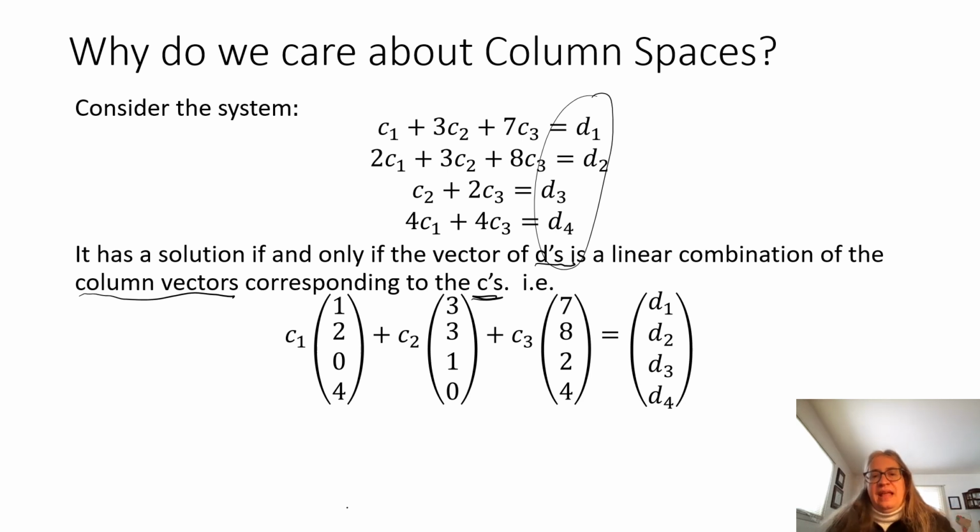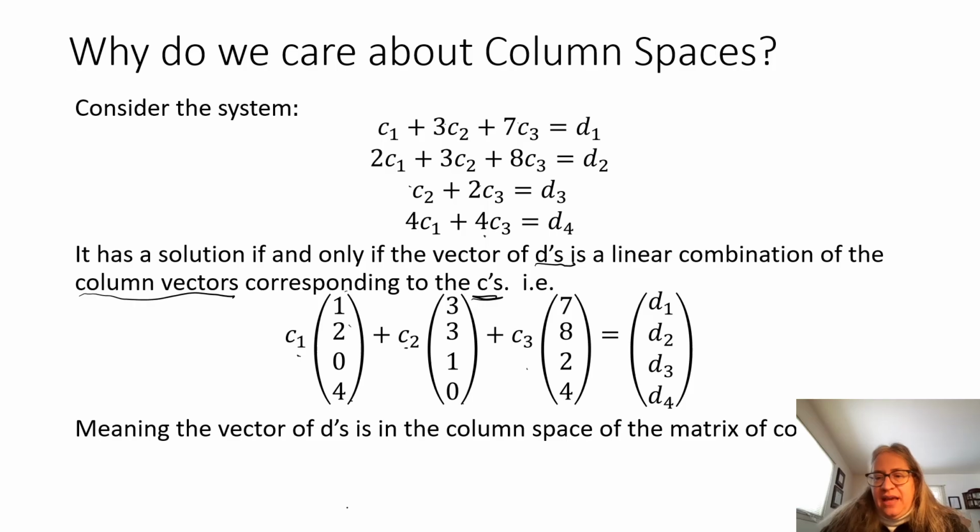In other words, if I wrote this in vector form, what are the coefficients on the C1s? 1, 2, 0, and 4. What are the coefficients on C2? 3, 3, 1, 0. And the coefficients on C3 are 7, 8, 2, and 4. So those are there. Okay. So if somebody gave me some specific D values, then there's a solution only if I can find C's that actually work to make this happen.